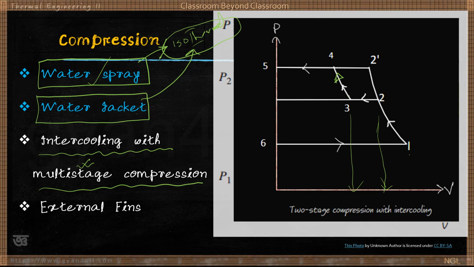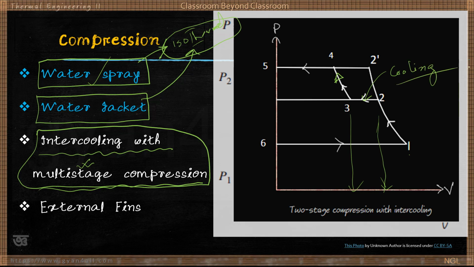Also we can use a water jacket, which will keep the temperature constant, that means isothermal. And for two stages, we definitely need one intercooler, and that intercooling is represented by process 2, 3. This is basically a cooling process.